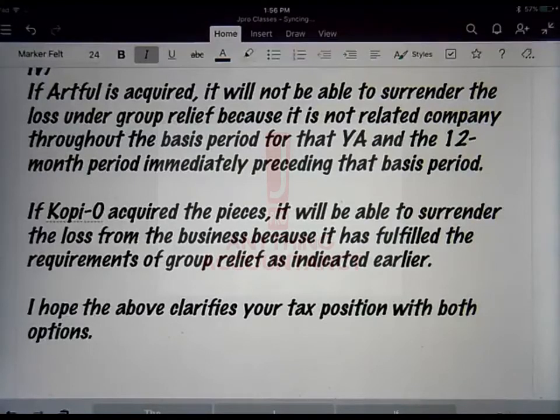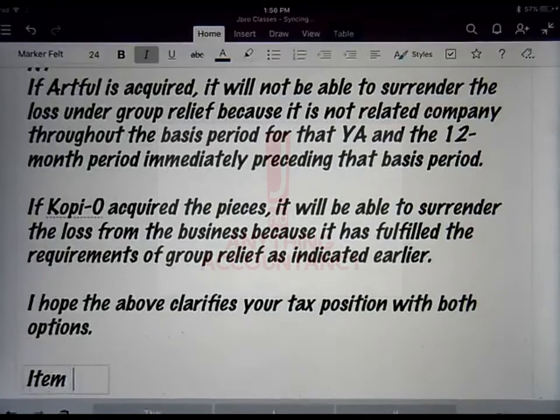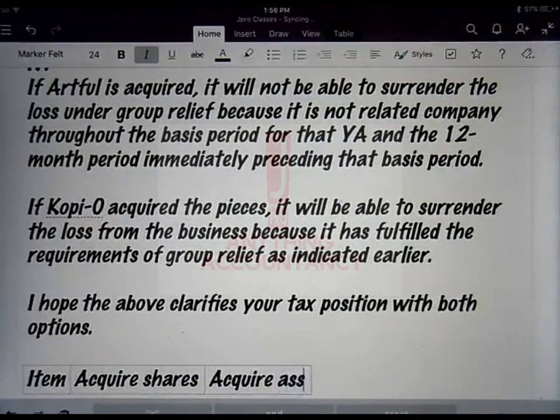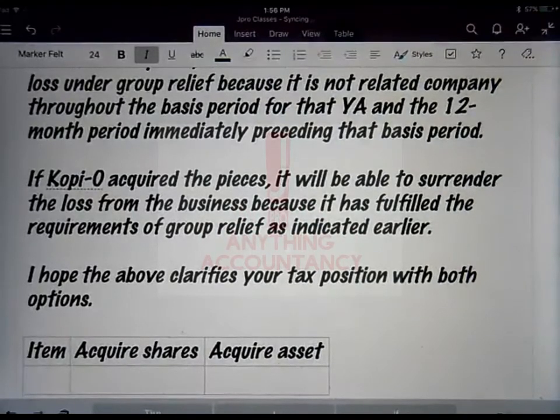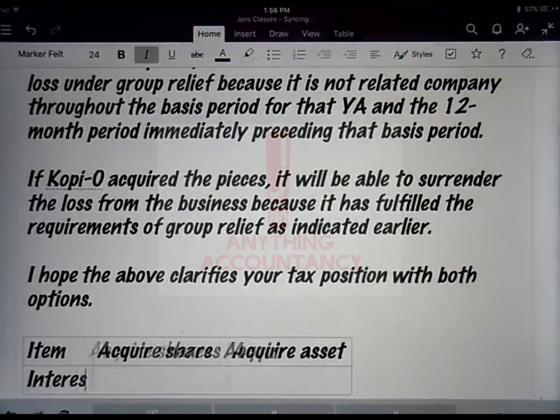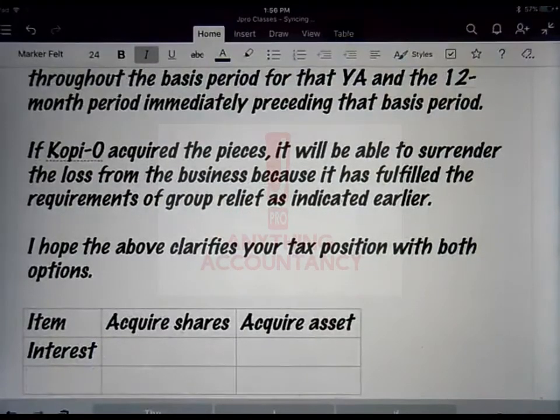So if I were to summarize the answer for this, summary answer, are you clear now? Clear? This one is just extra. This one was interest.